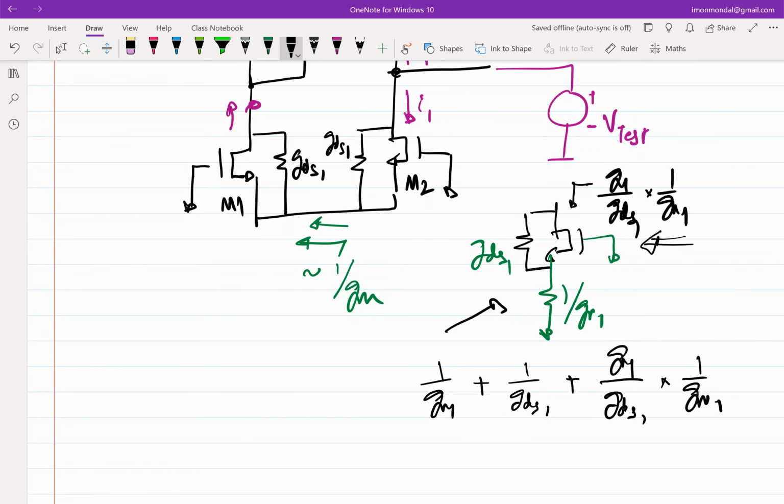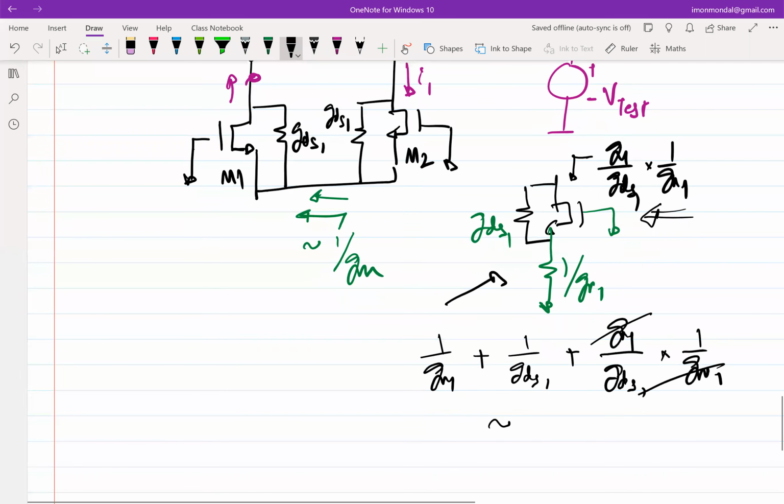Correct? So now this is almost equal to 2 by GDS1. We can neglect the other terms when this multiplier term is much more, but in this case you cannot. One of the terms is exactly equal to the multiplier term, so you'll have to take both into account.